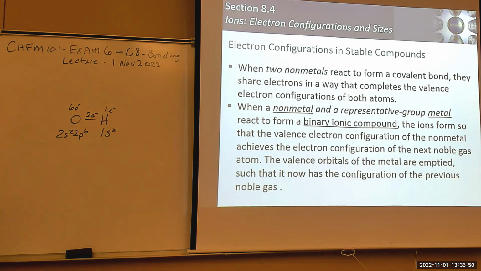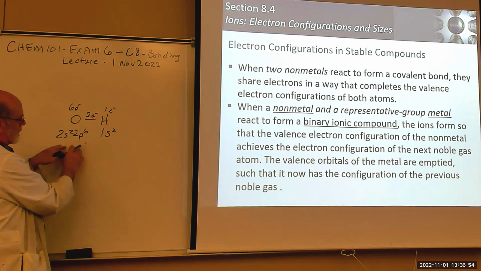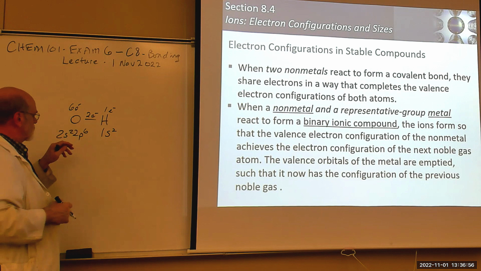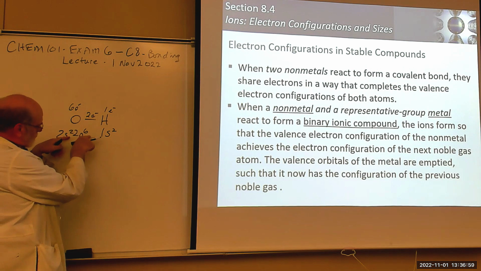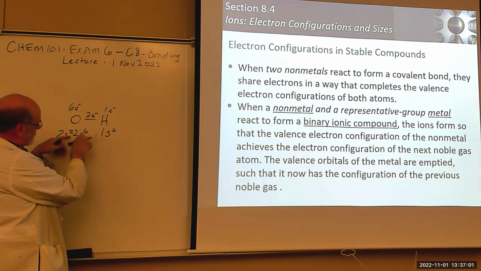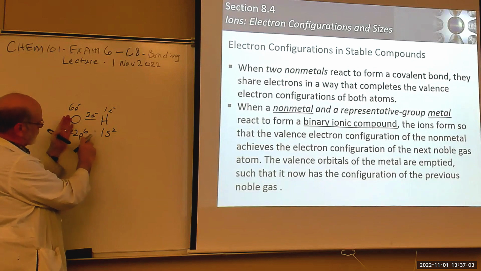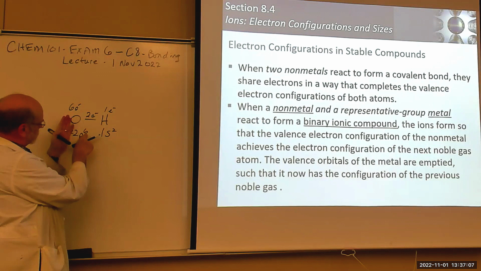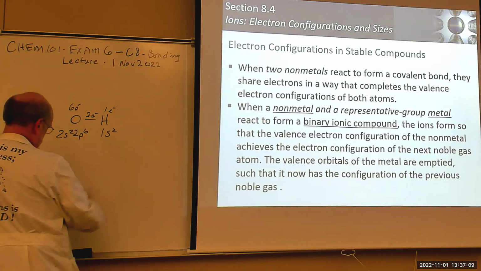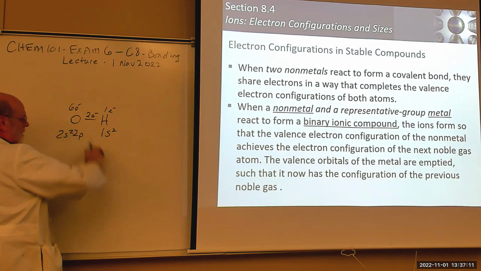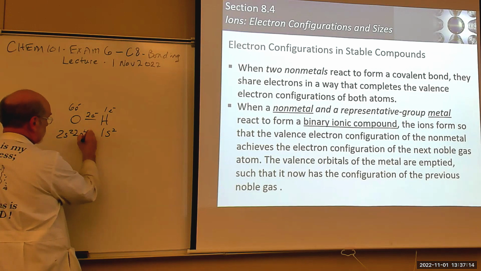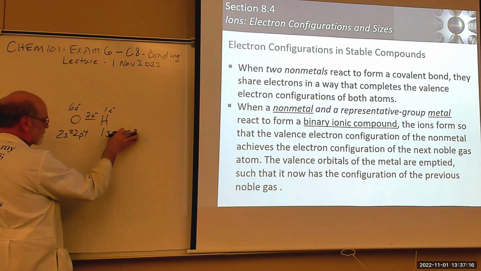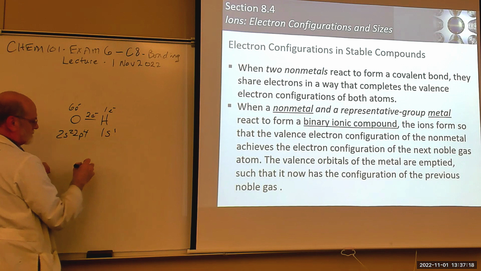7. Yeah, 6 and 1 is 7. That's just valence electrons. So notice, if we're just looking at the p orbitals and the s orbitals, well, that's not true. It's like this when they're not bonded.